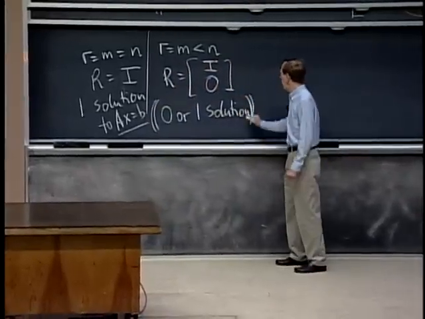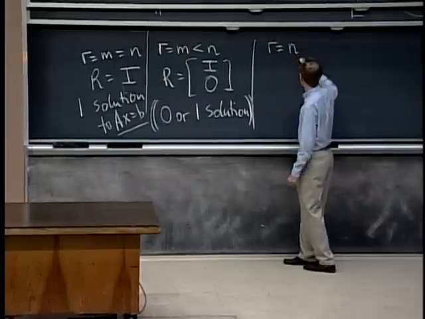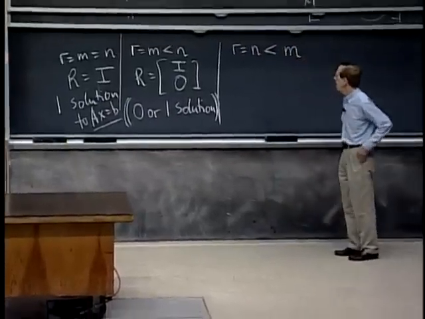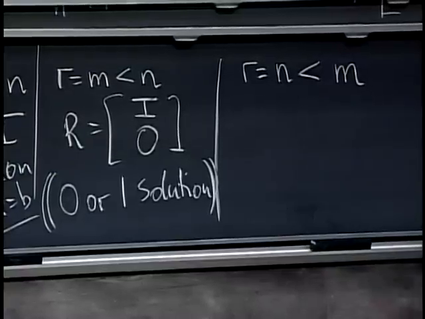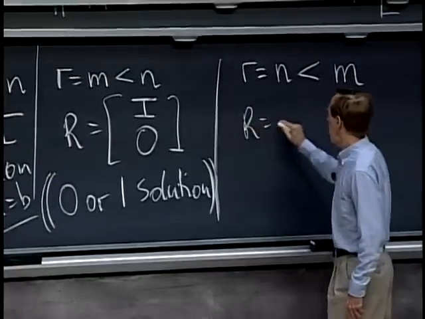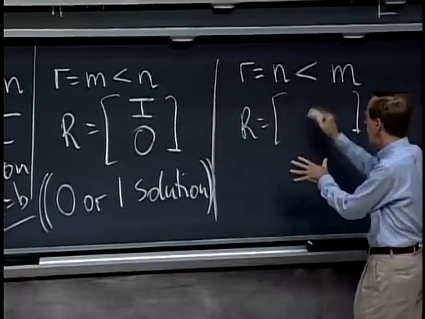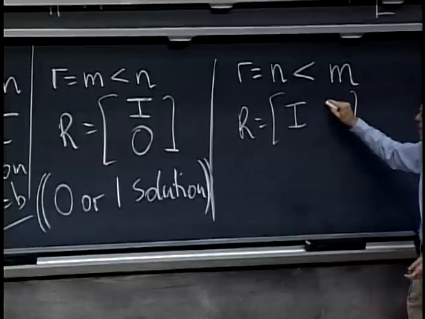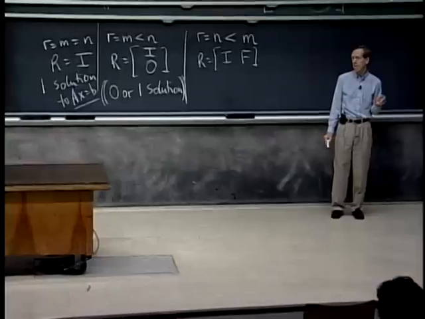This case, there's 0 or 1. And now let me take the case of full column rank, but some extra rows. So now R has, well, the identity, I'm almost tempted to write the identity matrix and then F, but that isn't necessarily right.